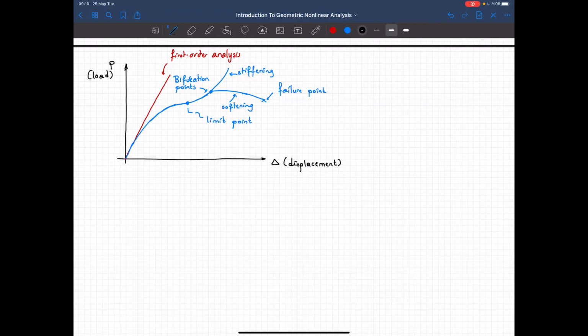And let's write the definition. We see the bifurcation point is the point at which two or more equilibrium paths cross.